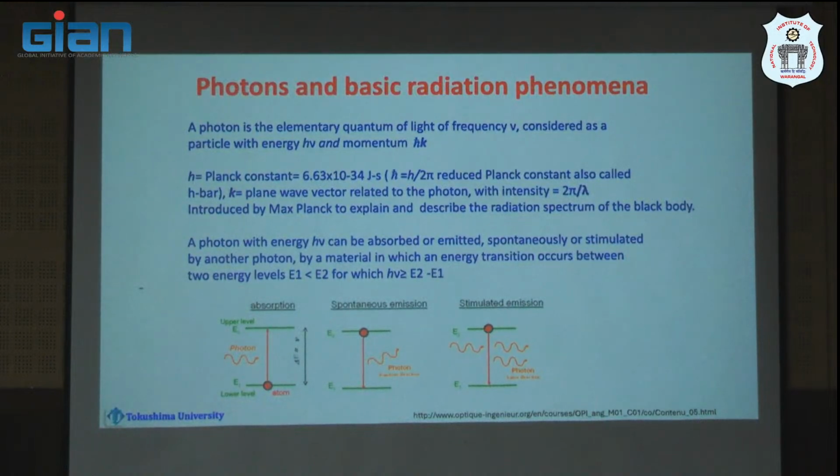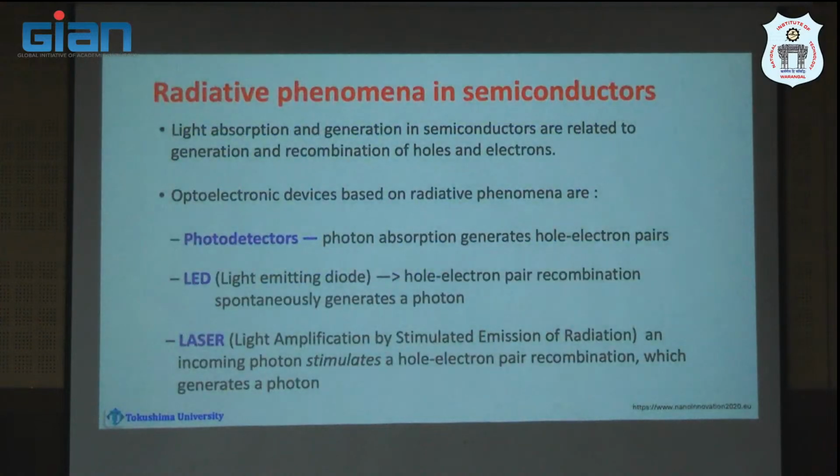It is everything about electron and hole: when they go up, whether they are coming back, and if they are coming back, whether they are releasing energy or not. If they release energy, which type of energy they release. That is related to the light and based on the generation and recombination of hole and electron.